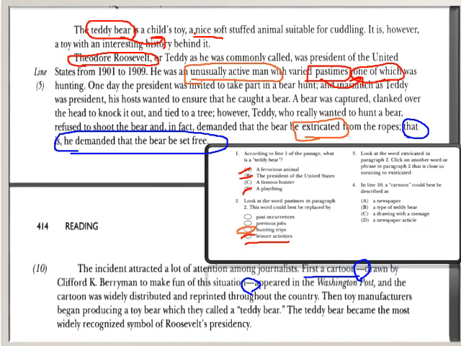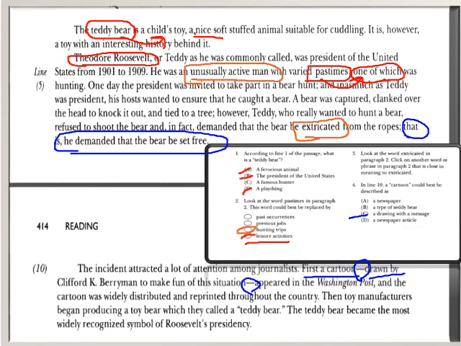First, a cartoon. Now let's read what comes before the two hyphens: "Drawn by Clifford Berryman to make fun of the situation, appeared in the Washington Post." So since we have "drawn by," it is a drawing, so it is something drawn, so it is choice C, a drawing with a message.